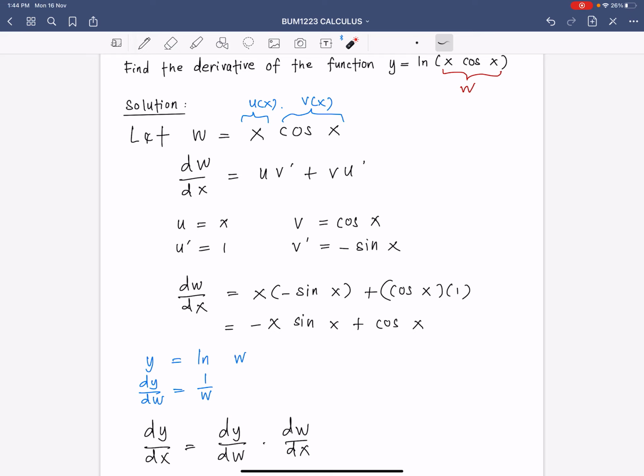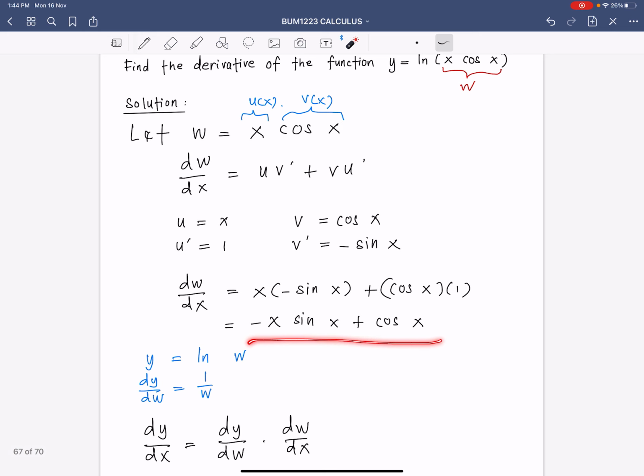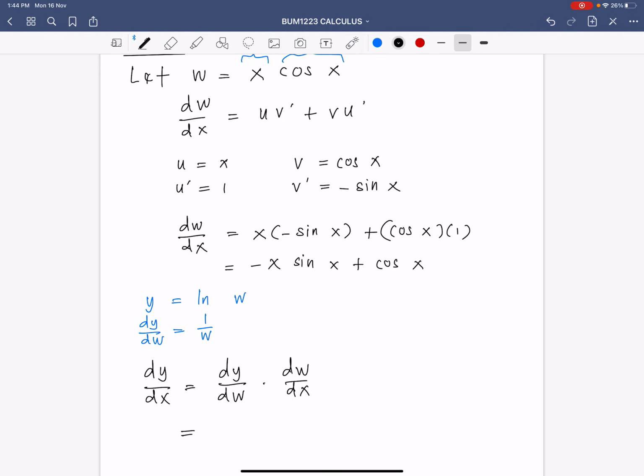So dw dx is this one, so we will substitute that, and dy dw is 1 over w. So we'll substitute that into the formula. 1 over w multiplied by negative x sine x plus cos x.